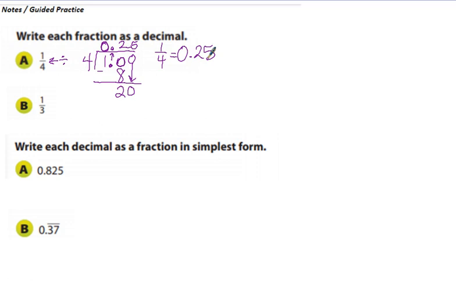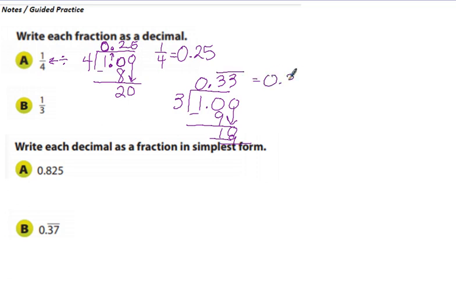So 1/3, same thing. We're going to put 3. I'm going to come over here just for space. 3 into 1. So 3 can't go into 1. Bring your decimal up. 3 goes into 10 3 times, it's 9. 1 left over. Wait, I got 10 again. That's just 3 again. And guess what? It's going to repeat. So we can put the line over both of them.